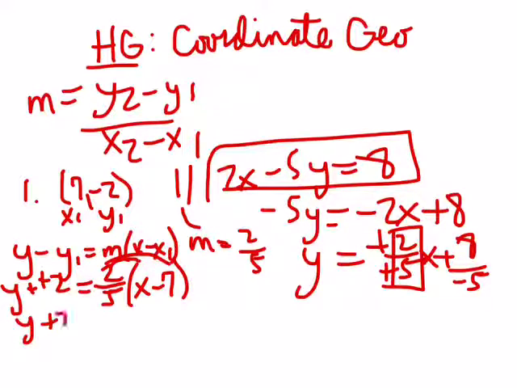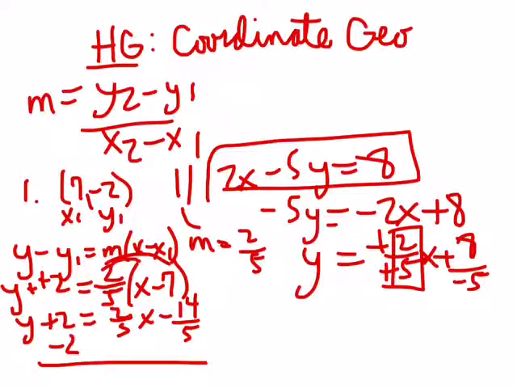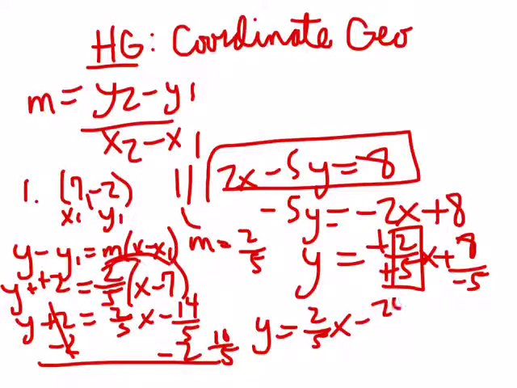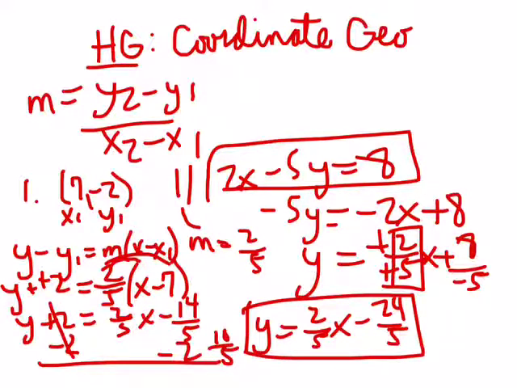So we got y plus 2 equals 2/5 x minus 14/5. Calculator would say 2.8. And then subtract 2, so here's our equation, y equals 2/5 x minus 2, that'd be minus 10 over 5. And we just add the numerators, so negative 24/5. Or, I think, 4.8.